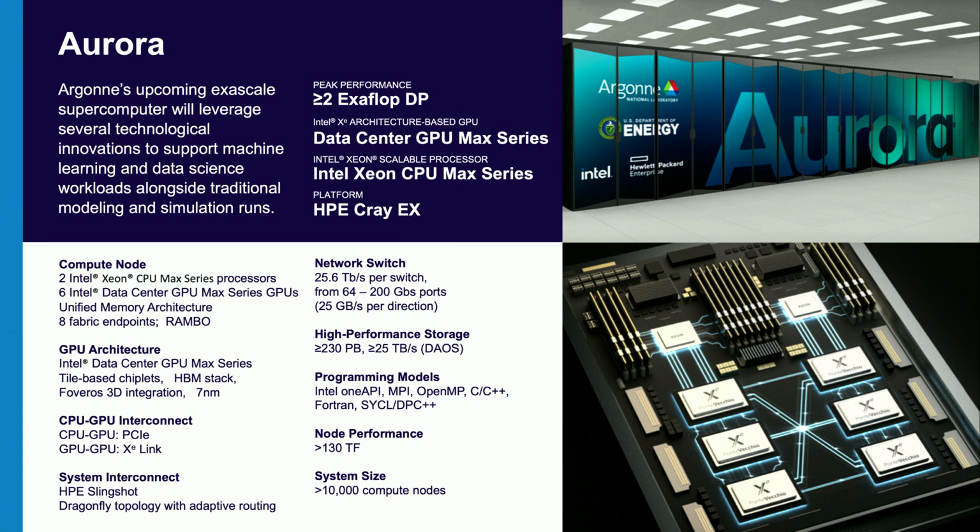Aurora resides on a Slingshot 11 fabric. Each node has 8 fabric endpoints, and everything is connected through HPE Slingshot 11 in a Dragonfly topology. Each switch has 64 ports, 200 gigabits per second each.